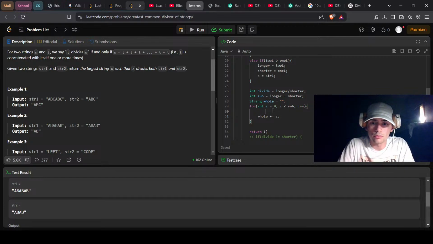We're gonna do some char c equals the shorter one dot charAt whatever i is. So it's 0, whatever 0 is, boom. 1, whatever 1 is, boom. And then we're just gonna return whole.